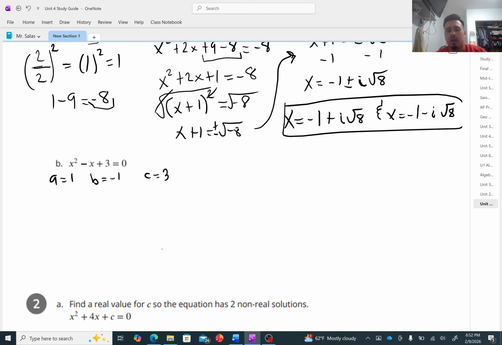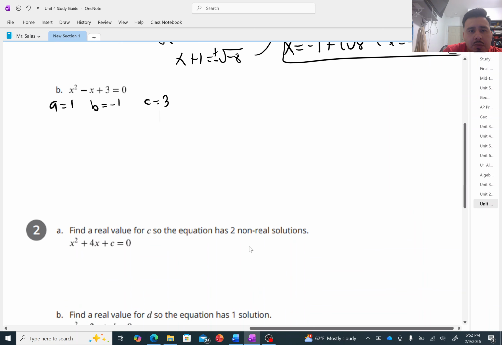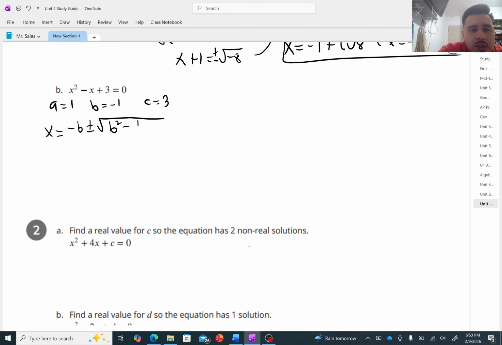Now I'm going to plug them into my formula. What's my formula? x is equal to negative b plus or minus the square root of b squared minus 4ac, all divided by 2a.